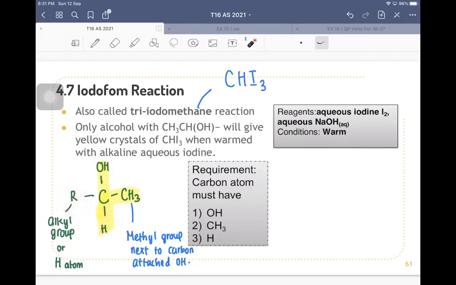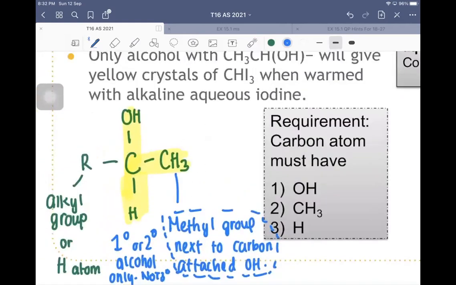So it only works for primary or secondary alcohol, not tertiary. So tertiary alcohol cannot undergo iodoform reaction. Okay, so I'll show you what happens in the next slide.